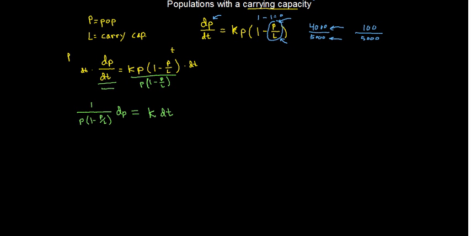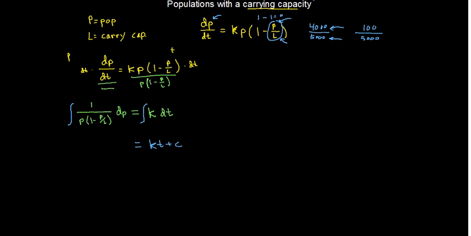Hopefully you can see how it does look similar to what we've been doing before. Now that we've separated our variables, we can take the integral of both sides. The right side is not too hard. That is simply kt plus c. That one's nice and easy.